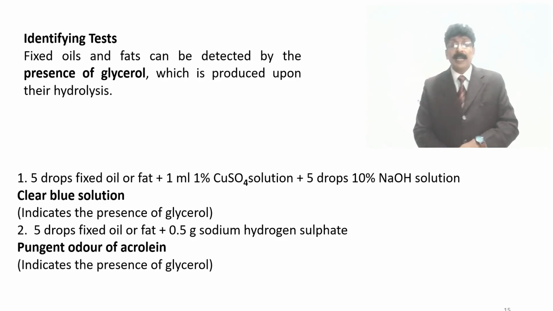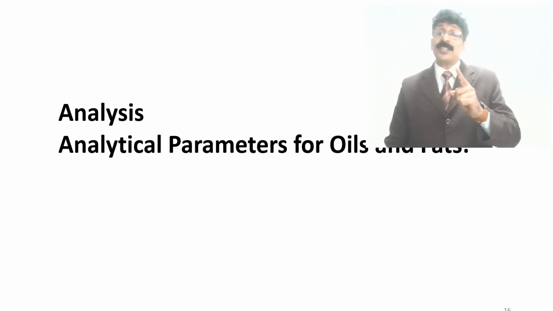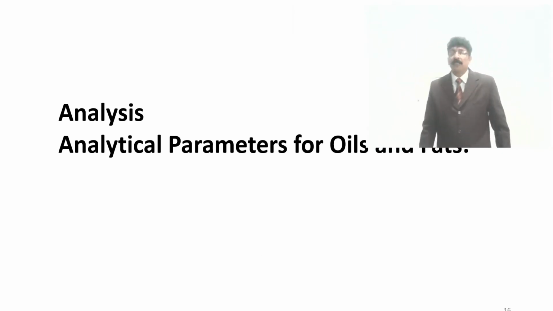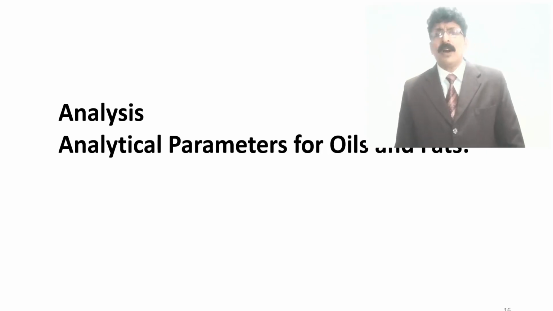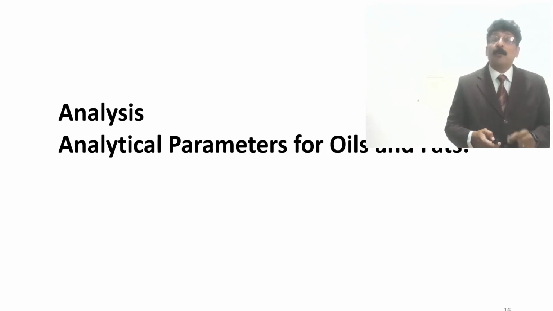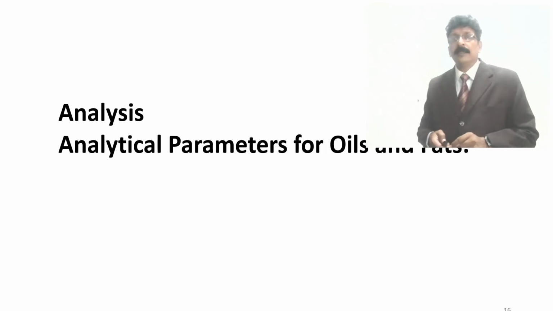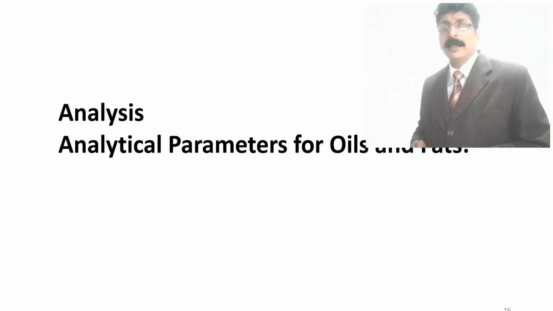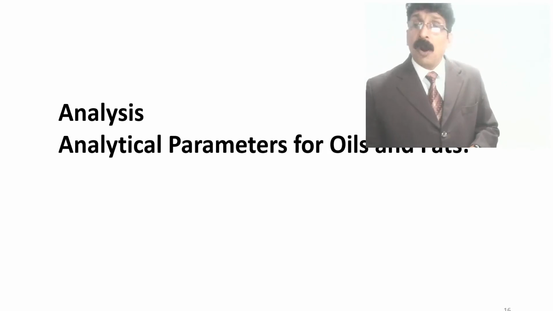It indicates the presence of glycerol, but acrolein formation is not a favorable thing for usage of oil. When you go on heating the oil more and more, acrolein forms; it is a poisonous substance and may cause nausea and vomiting to one who takes a preparation made with that overheated oil.